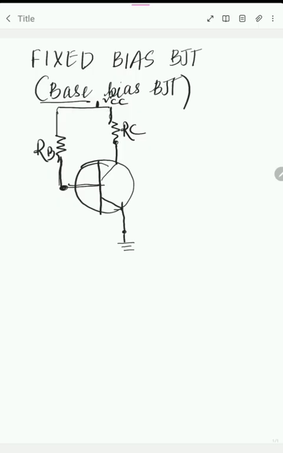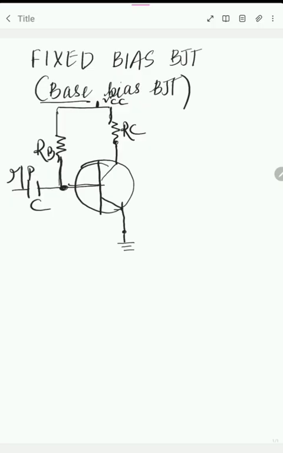So how does this circuit function? Here we give input, usually an AC input. Before applying the AC input, we connect a coupling capacitor here. This one is your input.